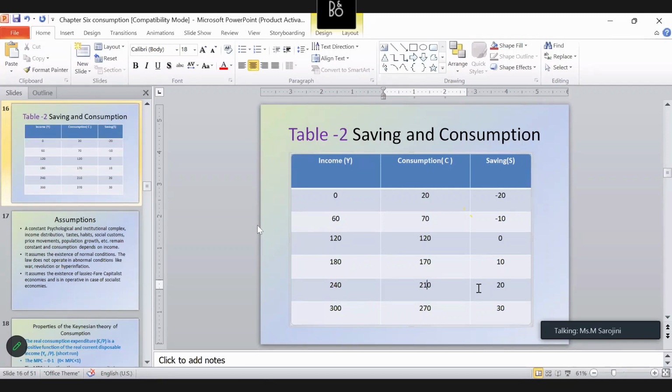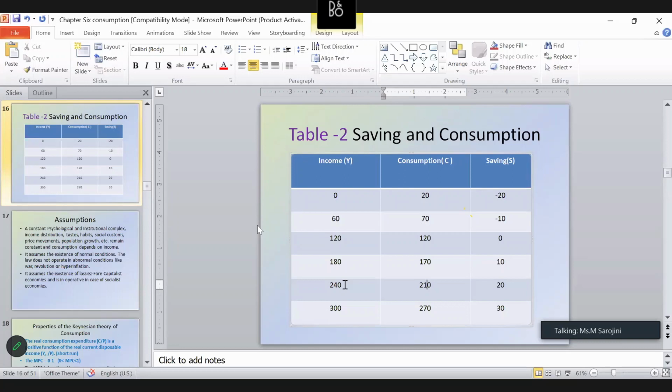Here the income increases by 60, isn't it?